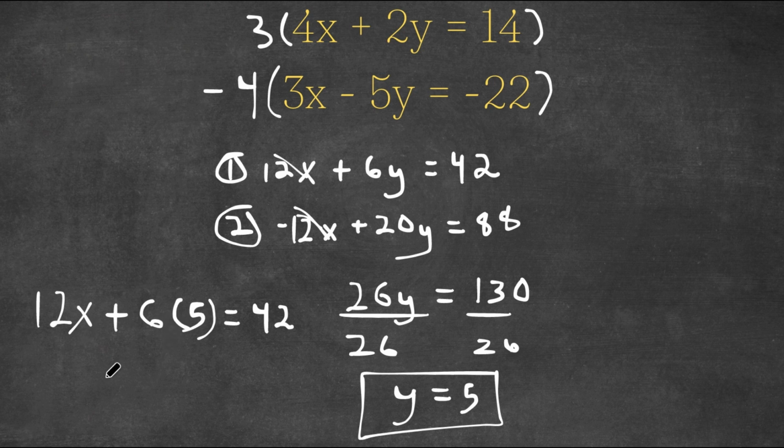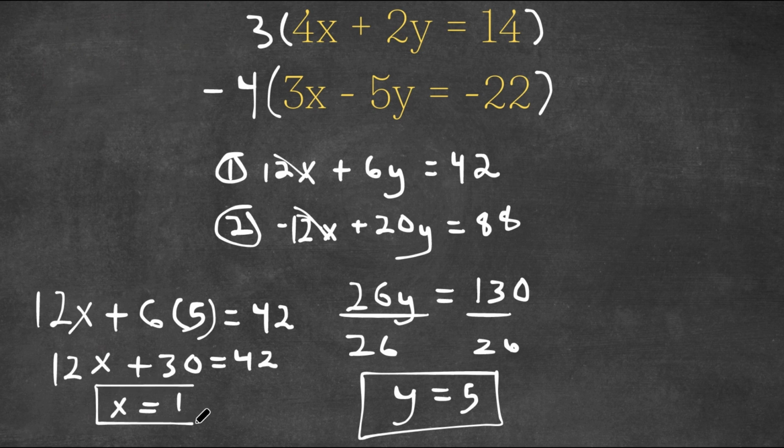Now 6 times 5 is 30, so we have 12x plus 30 is equal to 42, meaning x has to be 1 because 12 plus 30 equals 42, so x is equal to 1.